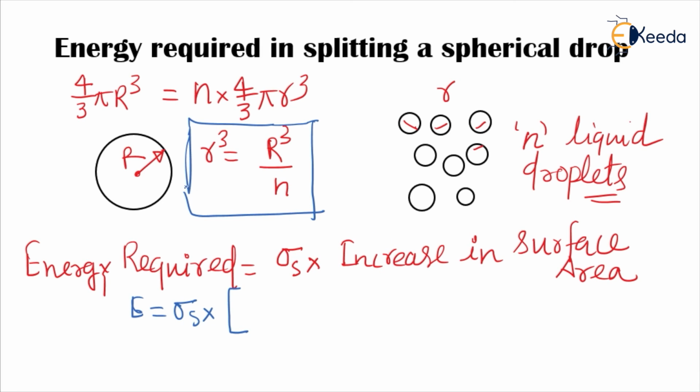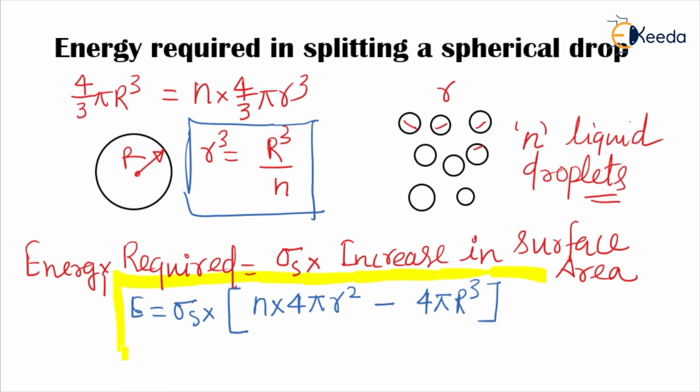If n droplets are there, surface area will get increased. There are n droplets, and the area of each droplet is 4 pi small r square, minus the initial area, which is 4 pi capital R square. Remember this. This is the expression which can be used to determine the energy required in splitting a liquid droplet.